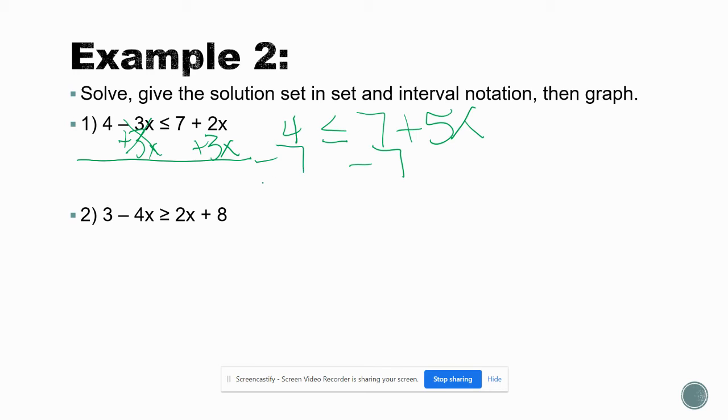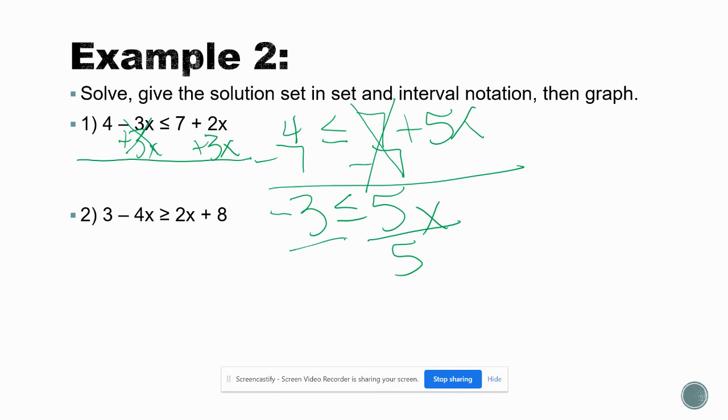Subtract 7. Okay, we subtracted, we didn't divide, so we don't have to change our inequality sign. 4 minus 7 is negative 3. And then we finish by dividing by 5. Now we divided by a positive 5, so negative 3/5, and the inequality again does not change.